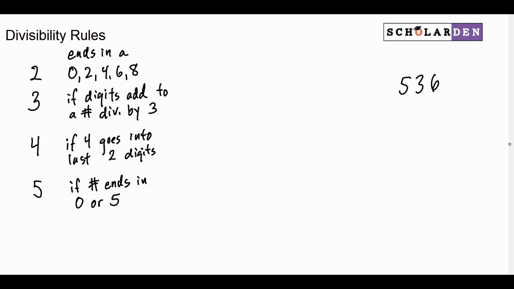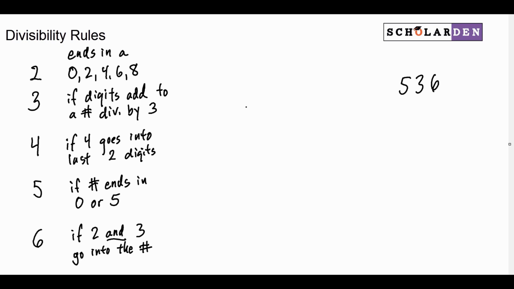Okay, the rule for 6. This is a new one, a different type of rule. It is if 2 and 3 go into the number. So since 2 times 3 is 6, if you want to check for 6, you just check for 2 and 3 and make sure they both work.